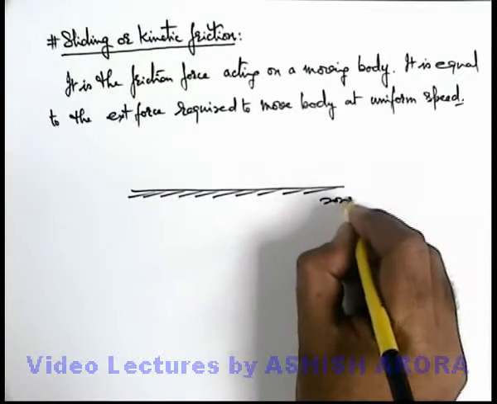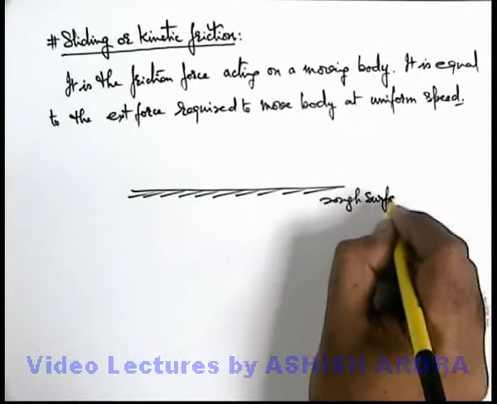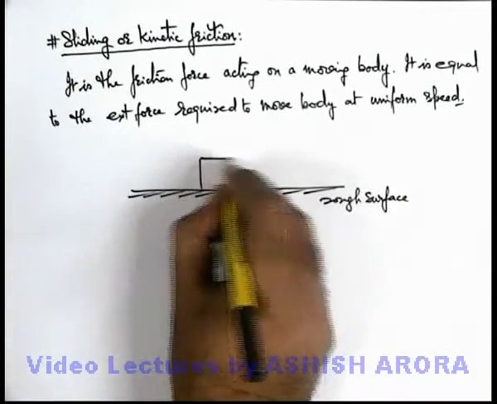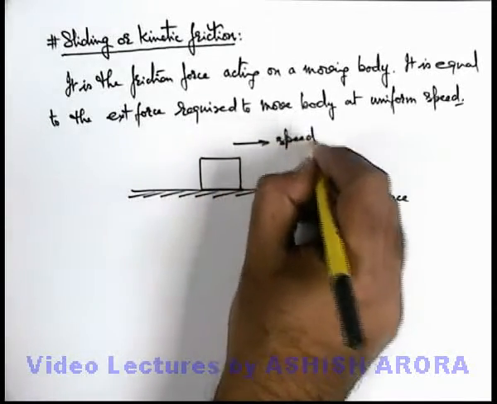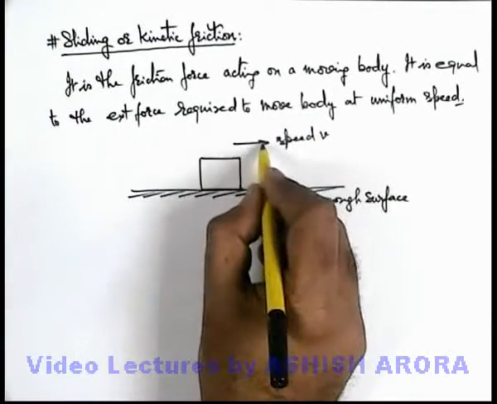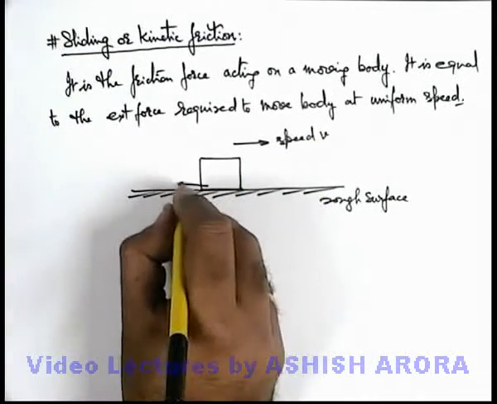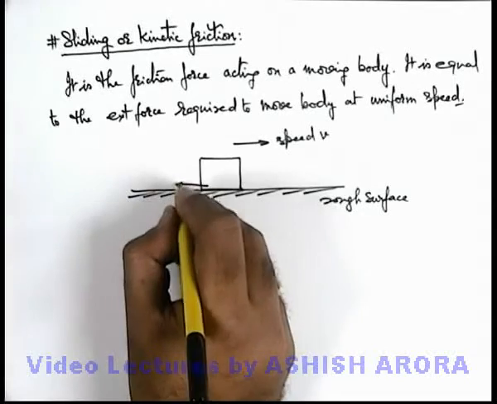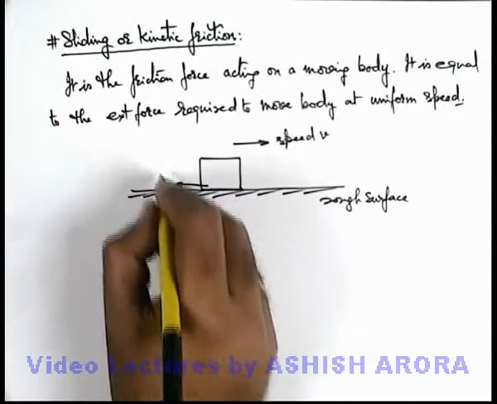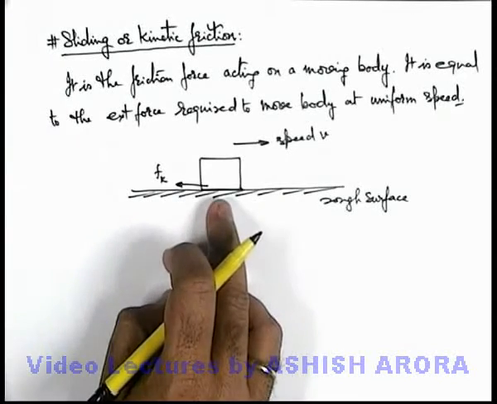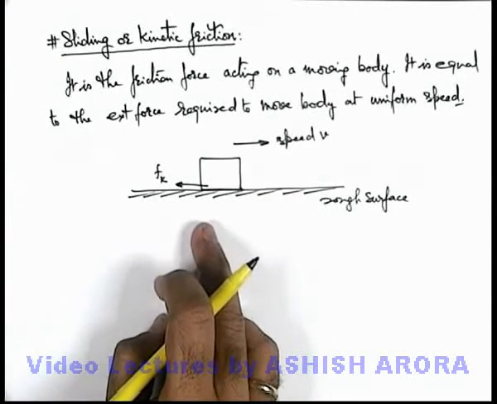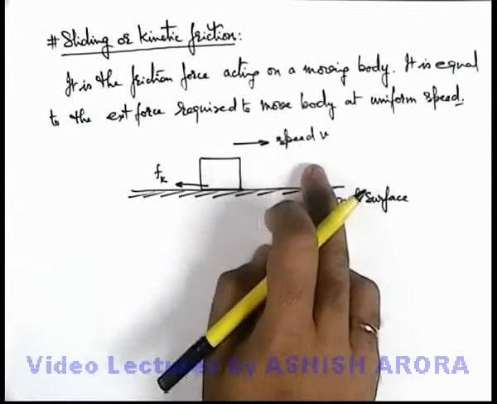Say this is a rough surface on which a body is moving at a speed v. Now in this situation, if it is moving forward at a speed v, the friction will act on it in the direction opposite to the speed, and this friction we denote by Fk because it is kinetic friction as the body is in motion. Now due to this friction, the speed will slow down.